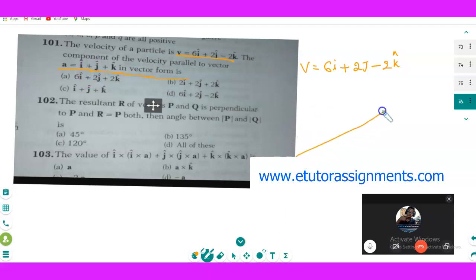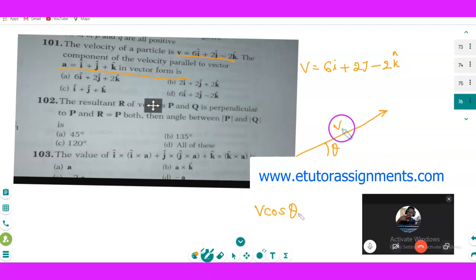Suppose this is the vector V and this is the vector A. Then how will you take it? This is the angle theta, so the parallel component will be V cos theta. Am I right?